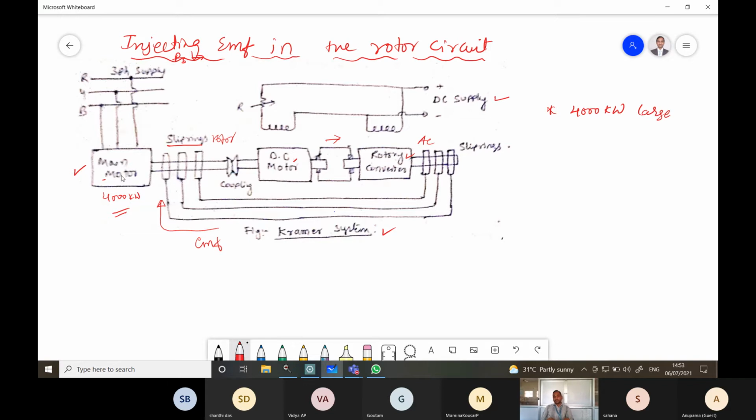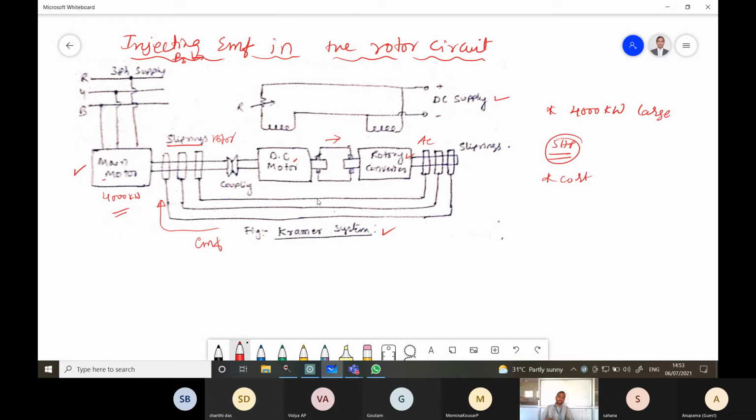We do not adopt this method for a normal 5 HP motor because the cost would be very high. Some industries use it for different applications of 4000 kilowatt motors, where we need to control a very large motor by this arrangement. This is called the Kramer system.